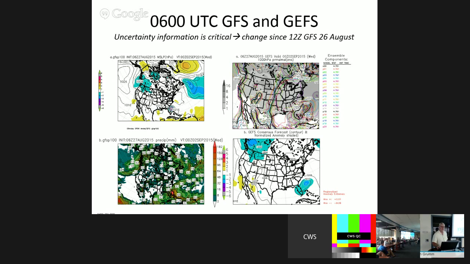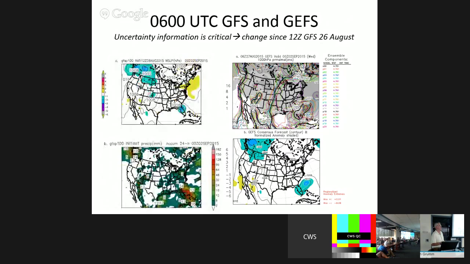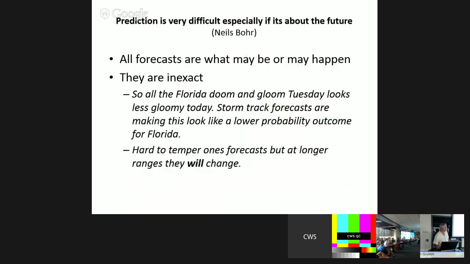So anyway, this is the forecast from yesterday, about the same time, and the GFS had the storm going up the Florida Peninsula. So when we make long-range forecasts, we have to be cognizant that these forecasts will change. And there are differences and subtleties in the timing too, let alone the intensity of the cyclone. Oops, went the wrong way, my bad.